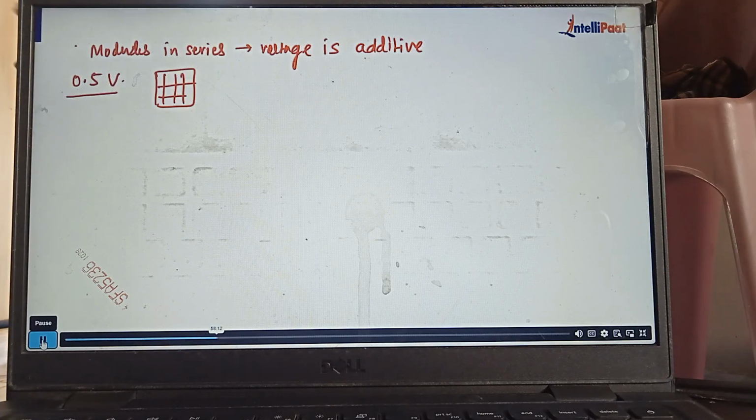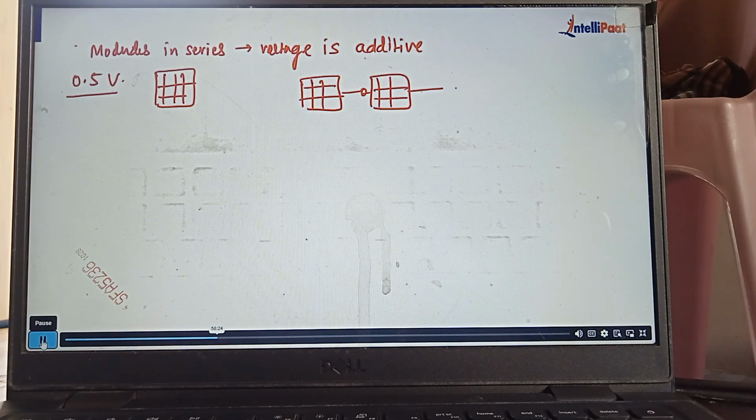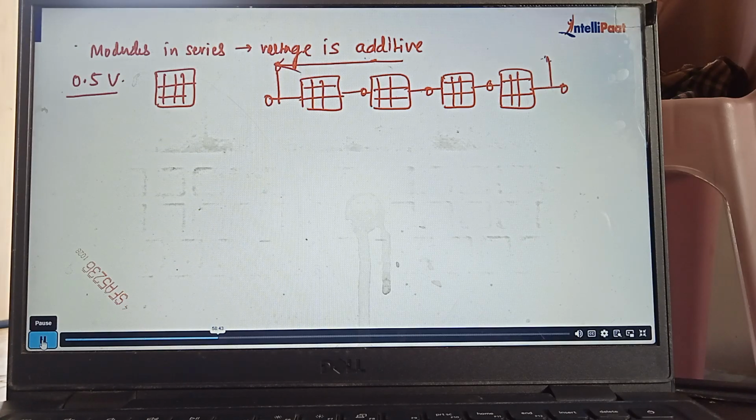Now if you connect various cells, one cell connected in series with another cell, a third cell, a fourth cell, like that, and I measure the voltage across these cells, what would be the voltage?